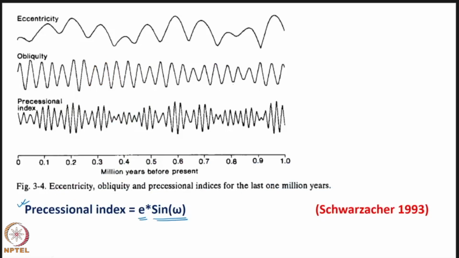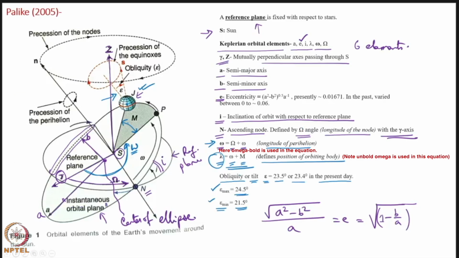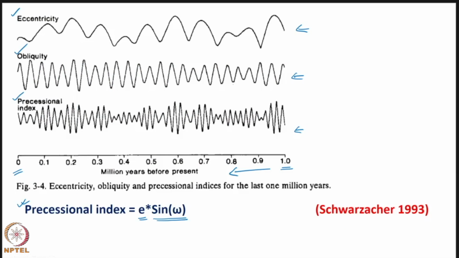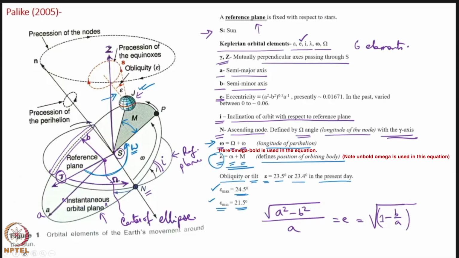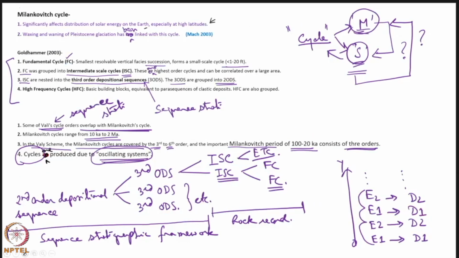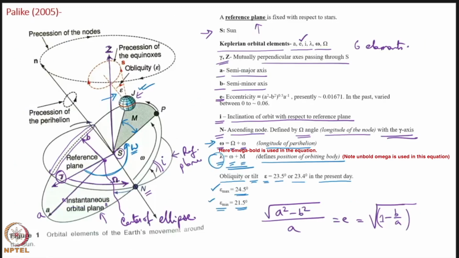Now, if we look at 1 million year back to the present day, so this is the younging direction, eccentricity, obliquity and the precessional index have varied in these ways. And regarding the obliquity or tilt, epsilon, I have already referred that it is at present 23.5 or 23.4 degrees, whereas these are the maximum and the minimum values.